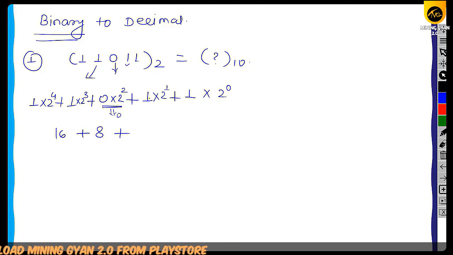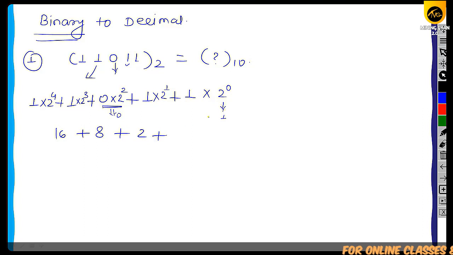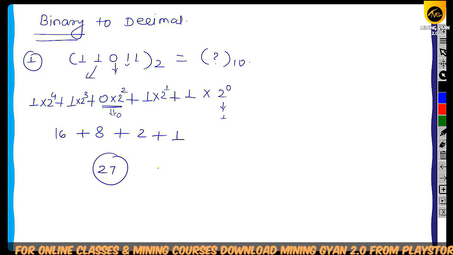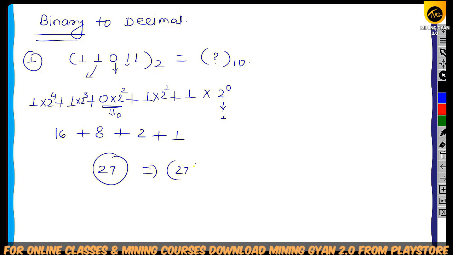Next is 1 into 2 power 1, that means 2, plus 1 into 2 power 0, which is 1. Now 16 plus 8 plus 2 plus 1 will become 27. So 27 is the correct answer, which is in the form of the decimal number system.